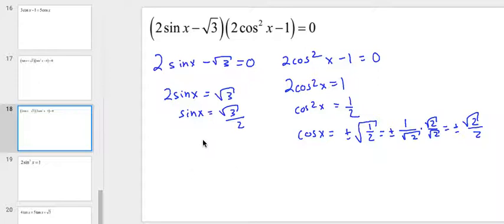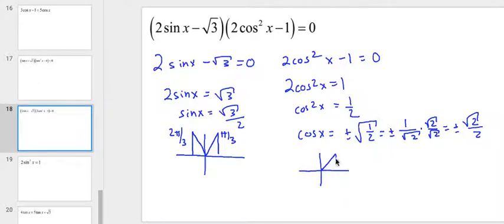So let's draw where these different values appear. So sine x equals root 3 over 2 at 2 spots. These are the tall triangles that will be in quadrants 1 and 2. These angles are at pi over 3 and 2 pi over 3. For cosine x equals plus or minus root 2 over 2, you should know that root 2 over 2 always happens at the 45s.